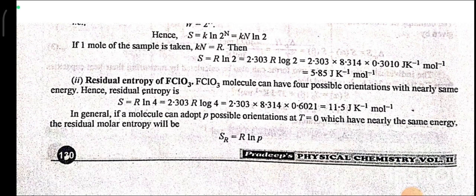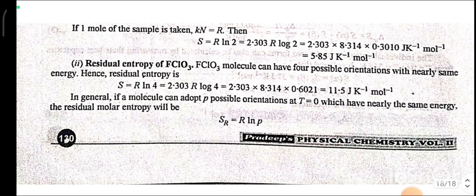If 1 mole of the sample is taken, kN equals R, so S equals R ln 2. By calculating the logarithm, the final answer comes out to be 5.85 joule per Kelvin per mole.